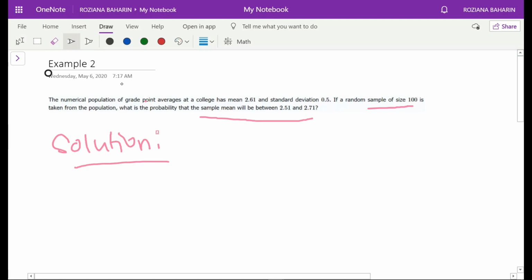So your mu x bar equals your mu equals 2.61. And always we need to define these two main inputs here, your mu and also your standard deviation.